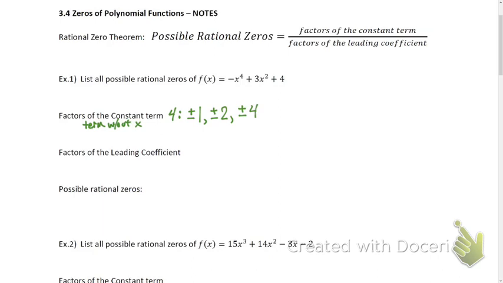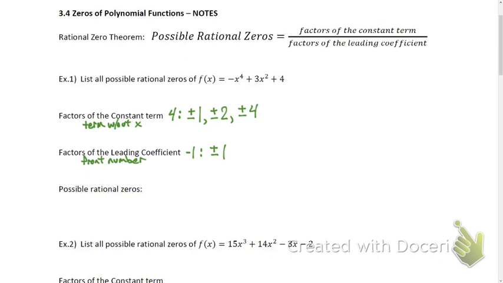We need the lead coefficient, which in this case is just negative 1. This is the front number. And factors of that one are very easy. Positive negative 1. All right, then at the top of the screen, you have a formula.